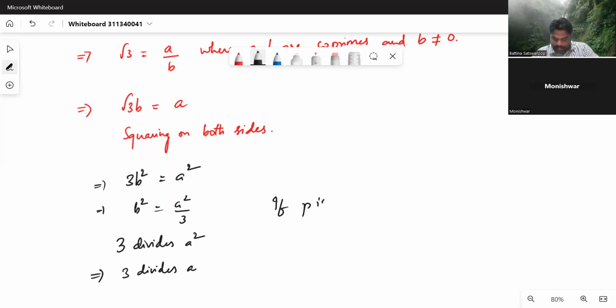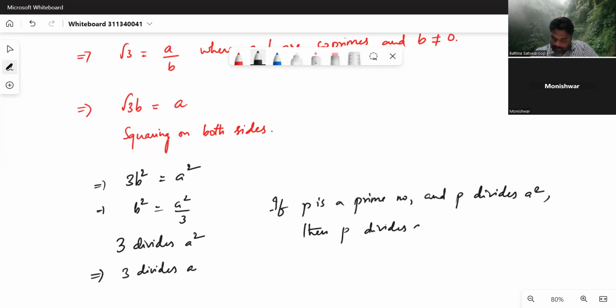If p is a prime number and p divides a square, then p divides a, where a is a positive number. Okay, clear? So that means 3 divides a. Let us say that is observation number 1.